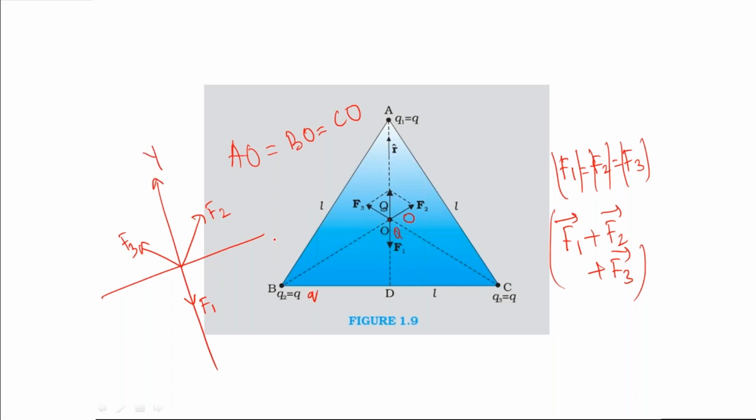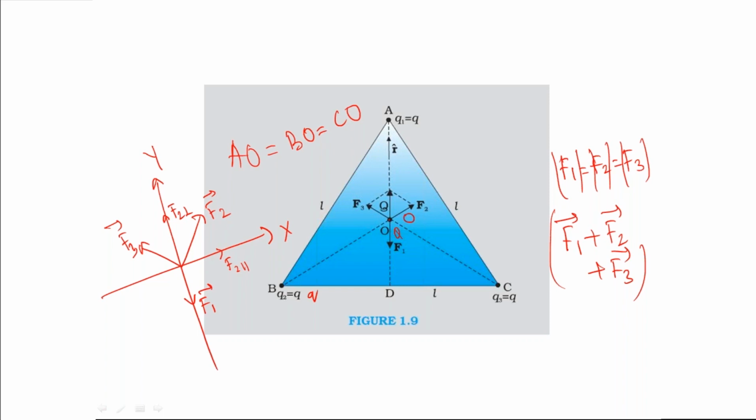Now, if I want to take components along this vertical direction, suppose Y, and this direction X, I want to take the components of all three vectors along these two directions. If I take components of F2, one component will be this way, a parallel component and a perpendicular component. F2 perpendicular, right?